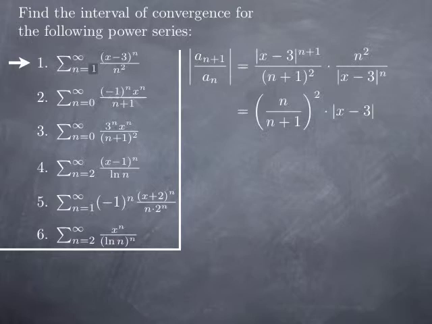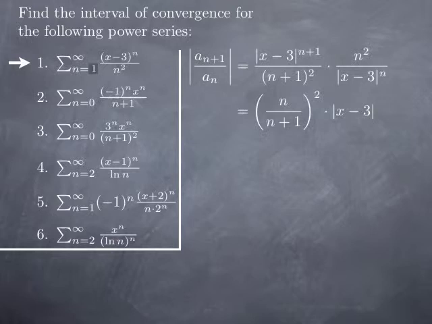Then we multiply by the reciprocal of a_n, which is n squared divided by absolute value of (x minus 3) to the n. (x minus 3) to the n plus 1 divided by (x minus 3) to the n simplifies as just absolute value of x minus 3. And of course, n squared divided by (n plus 1) squared can be written (n over n plus 1) squared.